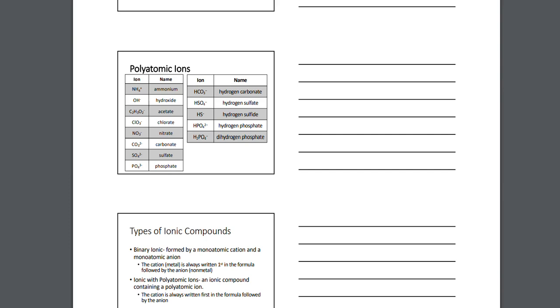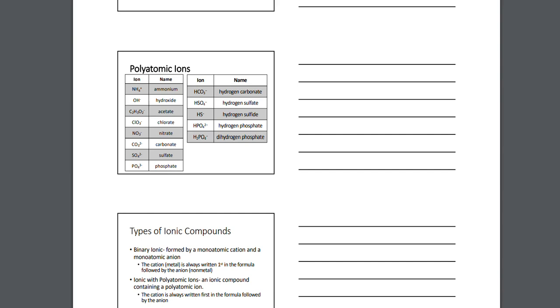We'll talk about the ammonium in a second, because it's the only positively charged polyatomic ion in this case. If you look at the others, all those are covalently bonded molecules, right? Because if you look at them, they're all made from nonmetals. You don't see any metals in here, do you?